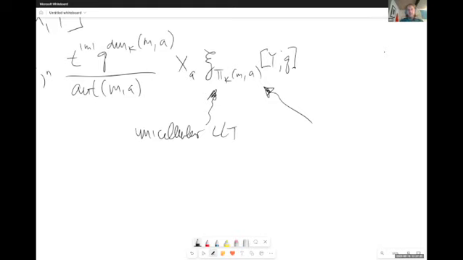And so this unicellular LLT polynomial, on the one hand, is the same one that appears in the proof of the shuffle conjecture.